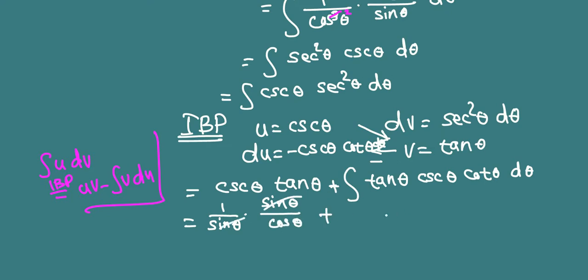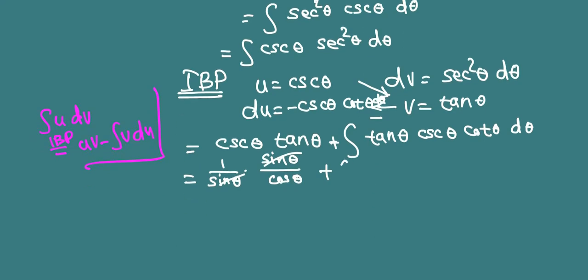Plus, let's do the same thing and simplify again. Write everything in terms of sine and cosine. Tangent and cotangent: by the way, cotangent is the reciprocal of tangent. So in any case, tangent times cotangent is 1.